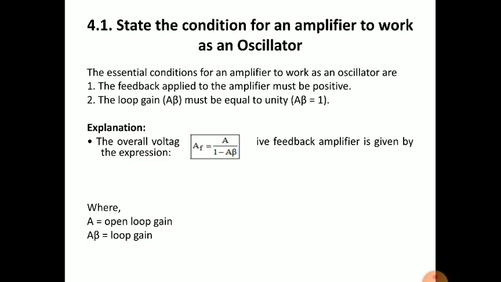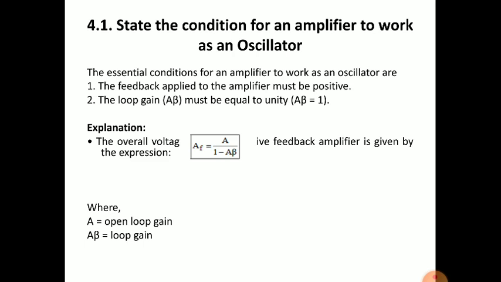You can remember from the feedback amplifiers topic, there are a number of applications for negative feedback amplifiers, and the most widely used amplifier is also negative feedback because of its inherent advantages compared to positive feedback. If you remember, what is the most important advantage of negative feedback? That is stability.